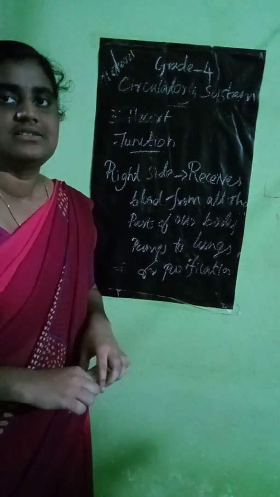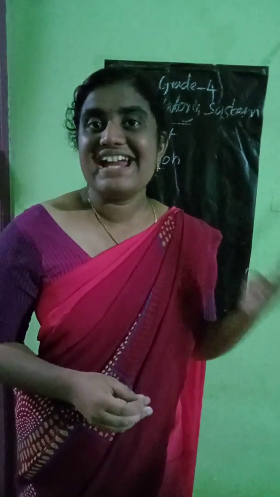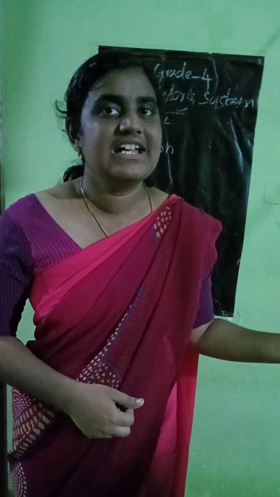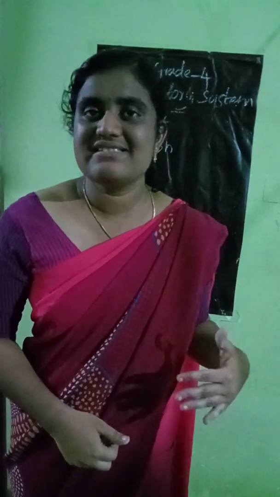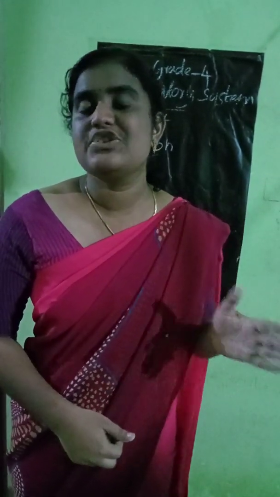Okay. Our right side of the heart receives blood from all the parts of our body and pumps it to the lungs for purification. And our left side of the heart receives blood from the lungs and pumps it to all parts of our body through our blood vessels.